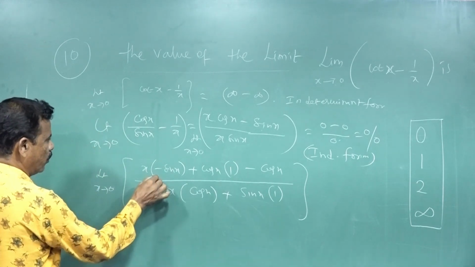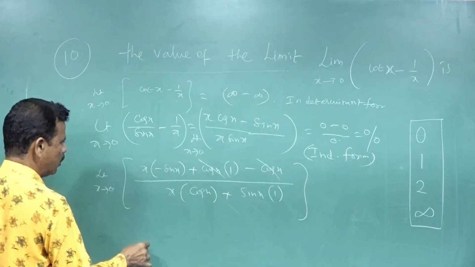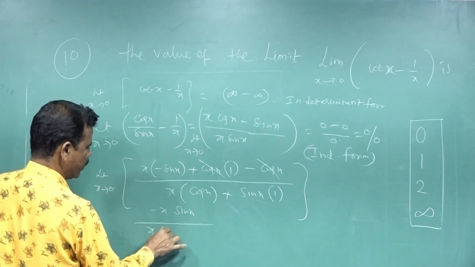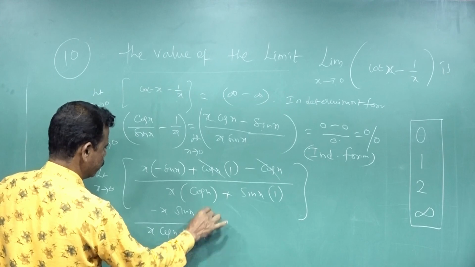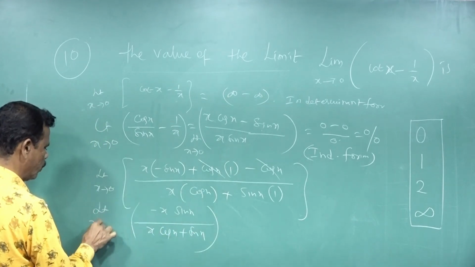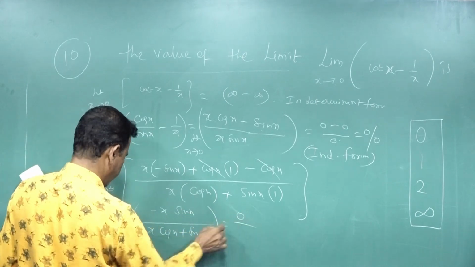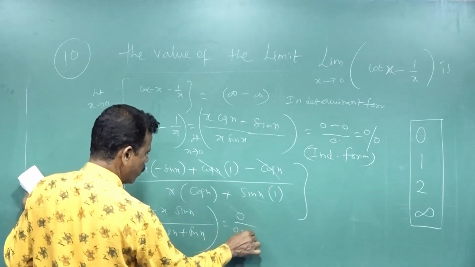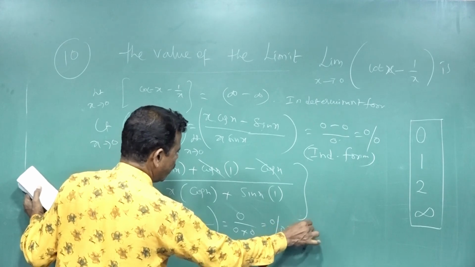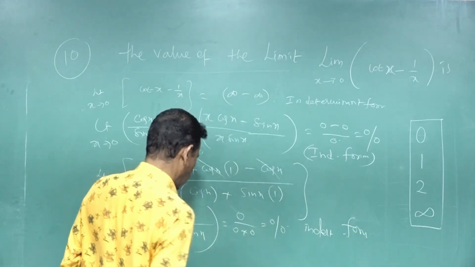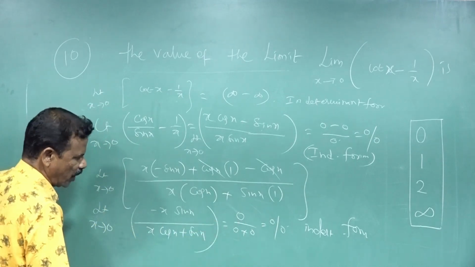So the cos x cancels, leaving minus x sin x by (x cos x plus sin x). With the limit as x tends to 0, the numerator is 0 and the denominator is 0 plus 0. It is also 0 by 0, indeterminate form, so again we use L'Hospital's rule.